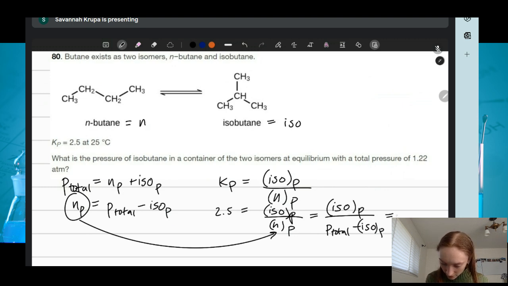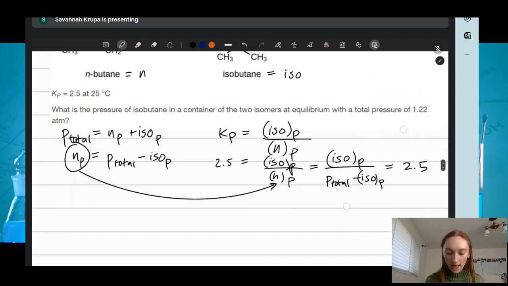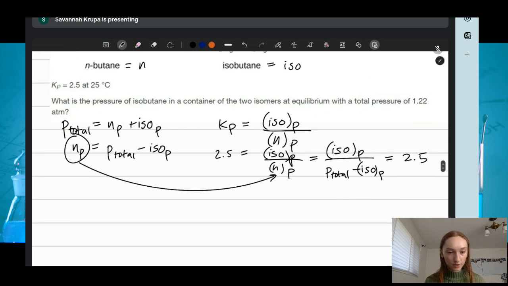And so that'll be equal to the constant as well. So now we have it in terms of iso-P, and we can algebraically solve for the iso-P by itself. Or actually everything is plugged in, so all we have to do is just isolate iso-P. So I'm going to bring this down here as well.